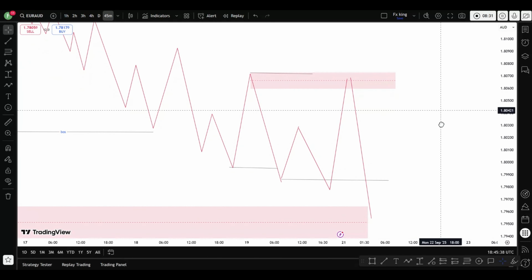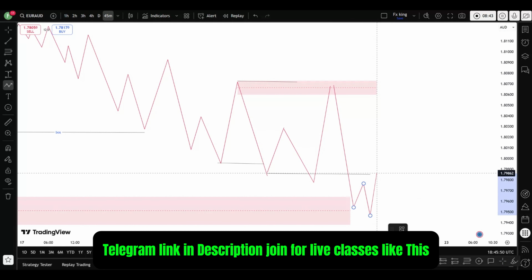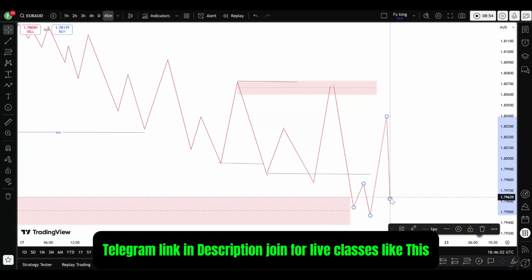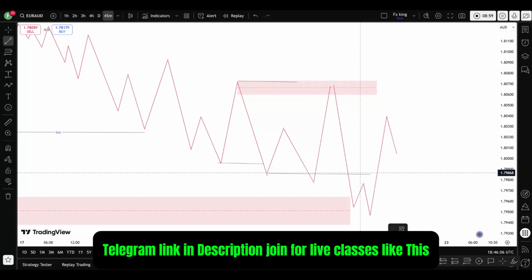Then you are going to see maybe something like this. The market has broken above this small structure here. Once it has broken above, you think, oh, my inducement has been taken out, let me look for a sell position up here.